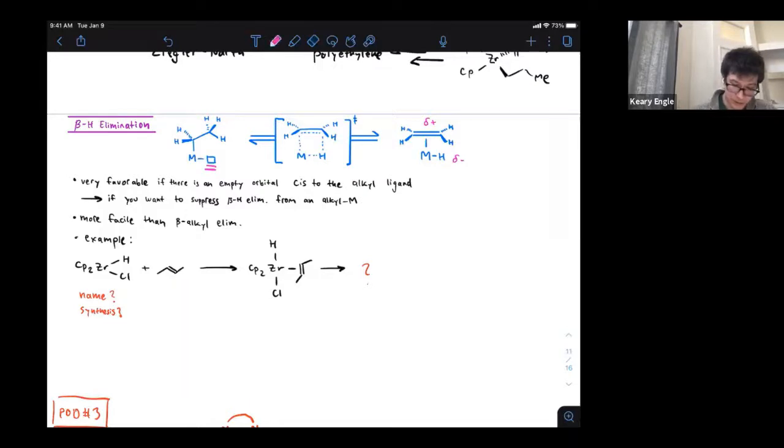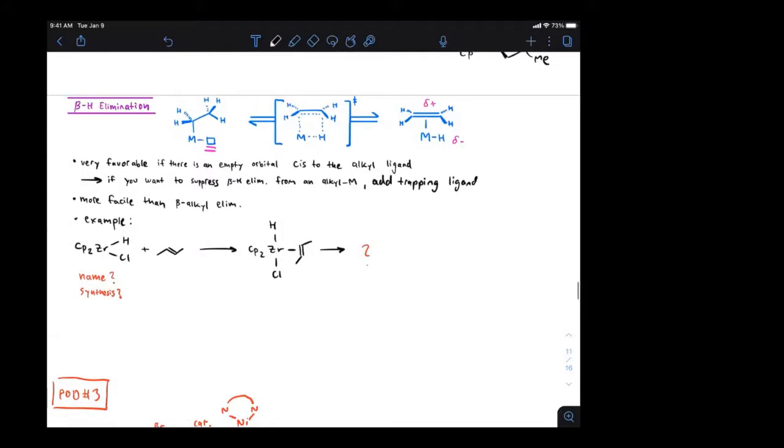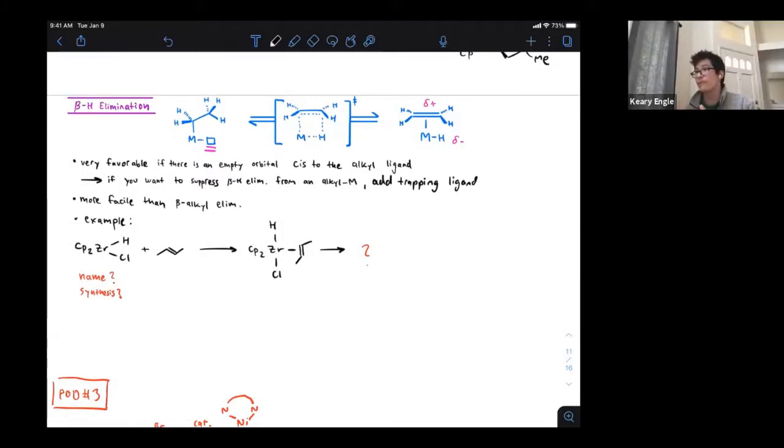So if you want to suppress beta hydride elimination, then you would want to have a trapping ligand, and so maintaining coordinative saturation post migratory insertion.